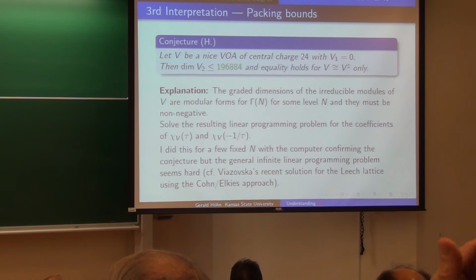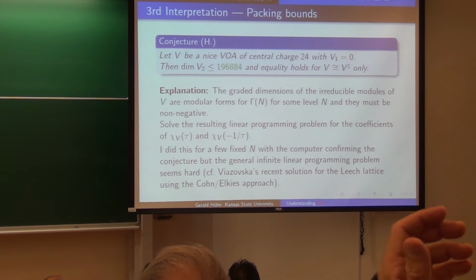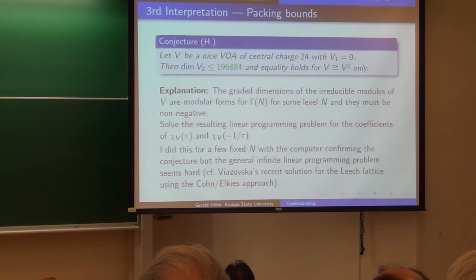Now, if we take the character of the vertex algebra and apply the S matrix to it, then this character is a linear combination of the characters of its modules, so it also should have positive coefficients, and you can expand it in powers of q to the 1 over n.